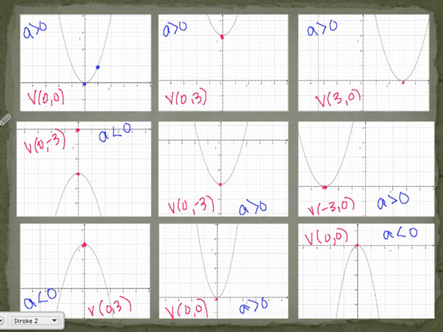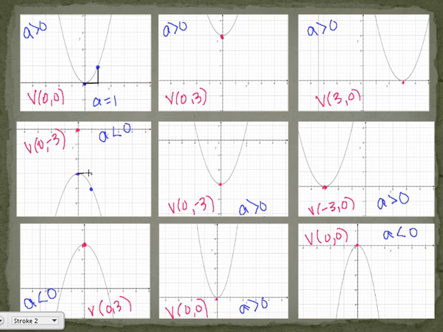In this case, I have gone to the right 1, up 1. That means a is equal to 1. In this case, let's go down here. From the vertex, I have gone to the right 1, and I have gone down 1.